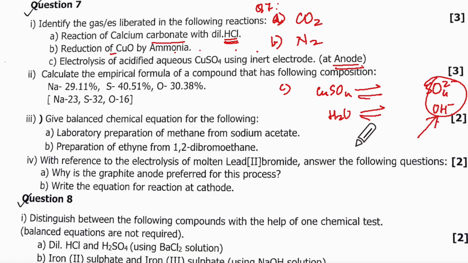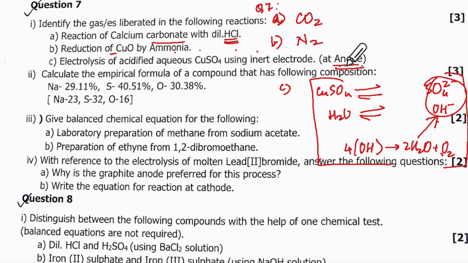So the thinking step: 4OH gives us 2H2O plus O2. This is to be done in your mind. And which is the gas here? That will be oxygen. So check if you would get 3 marks there.